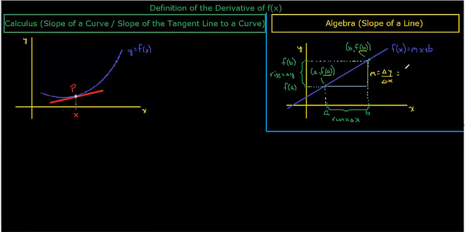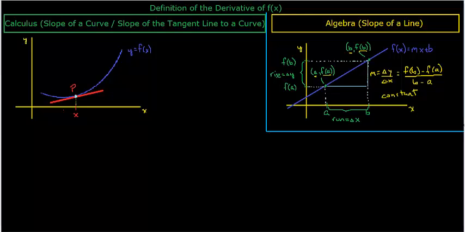So f of b minus f of a over the change in x. And so we look at the x-coordinates of the 2 points on the line, and that would be b minus a. And it was also good to remember that the slope of a line was always the same, no matter where you were on the line and what 2 points you used on the line. So the slope of a line was constant.